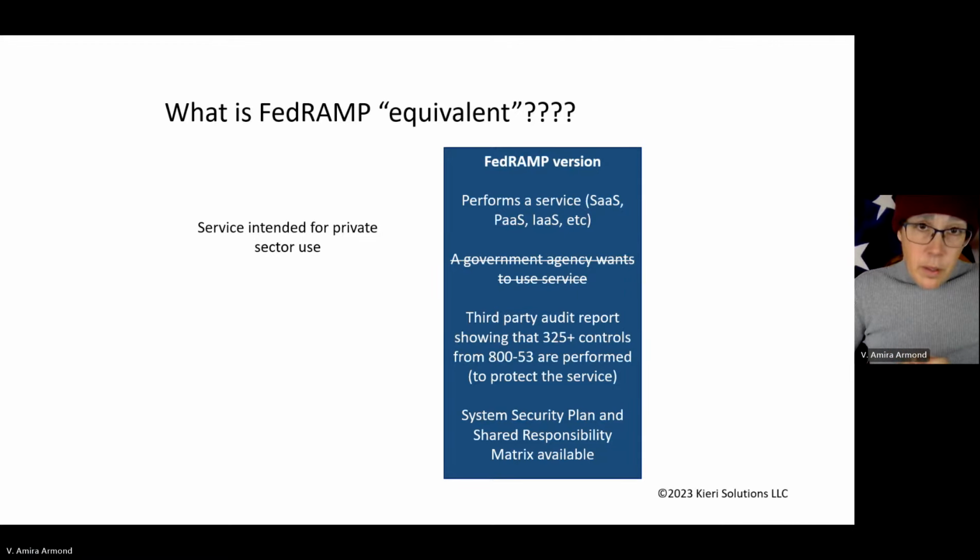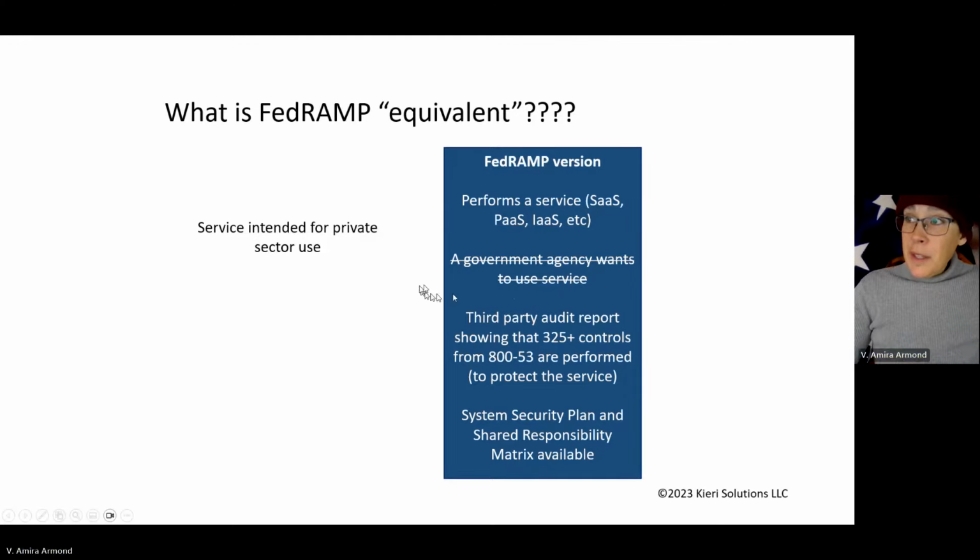And while what I'm going to say is not official, you can look up the DFARS Cyber FAQ, which tries to explain it. The CMMC rule tries to explain it. Essentially, if I understand correctly, the way the Department of Defense views FedRAMP equivalent means they're doing all the security controls, right?